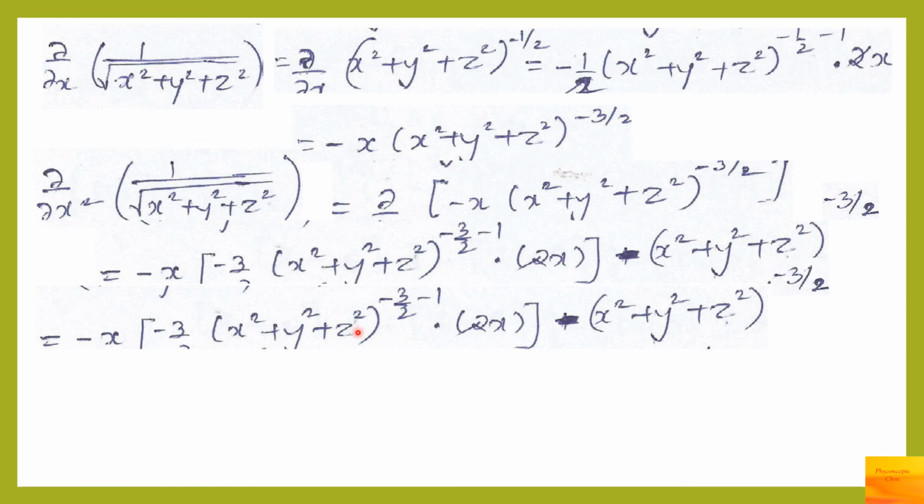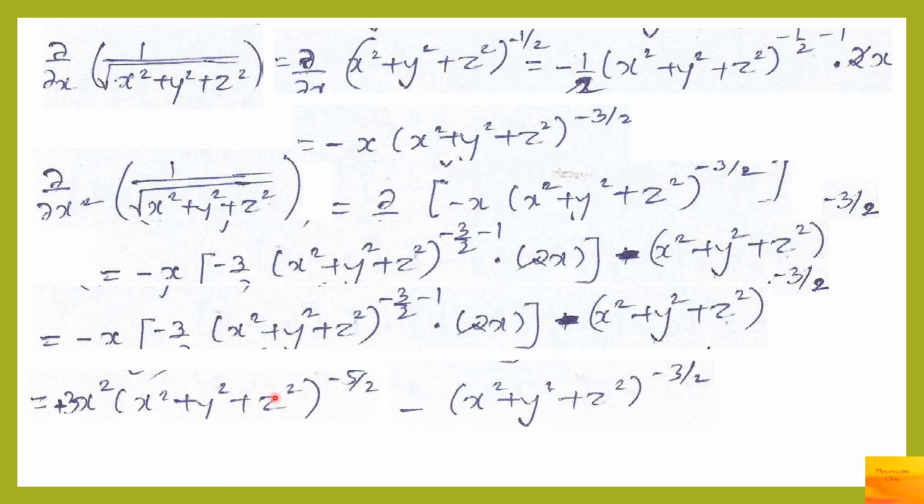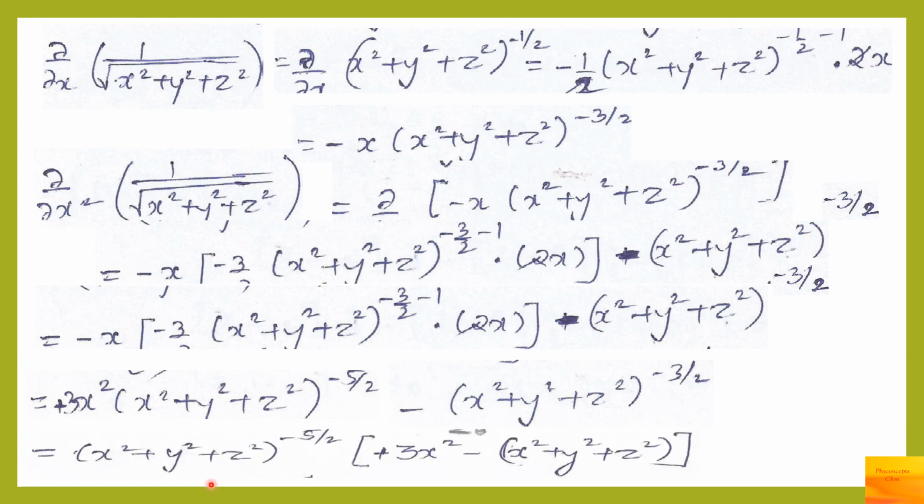It is the same step. So we get this 2 cancelled out, and we get 3x into x, 3x square into this bracket minus this bracket. We have taken x square plus y square plus z square the whole raised to minus 5 by 2, this term we have taken common. So inside the bracket we have 3x square.